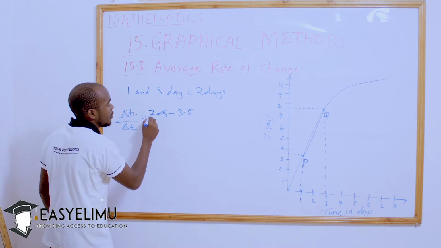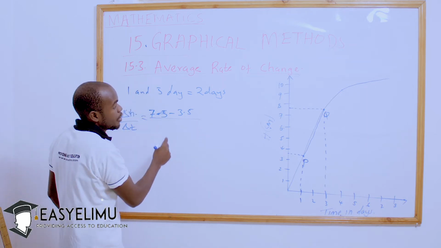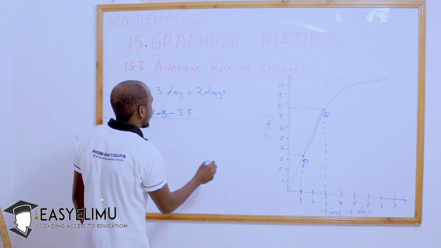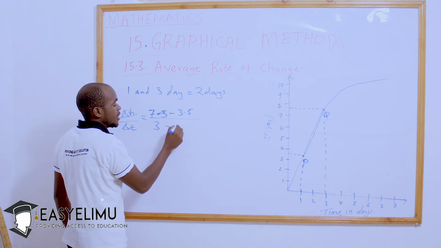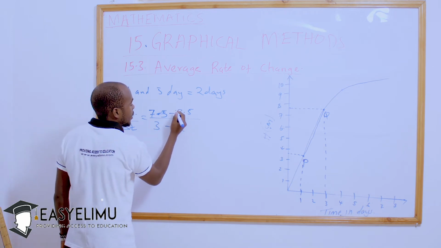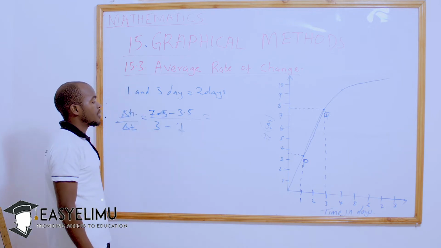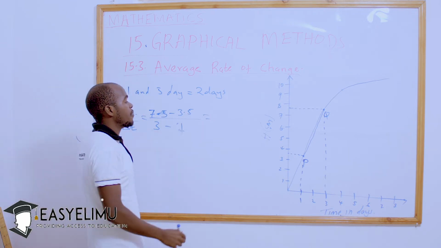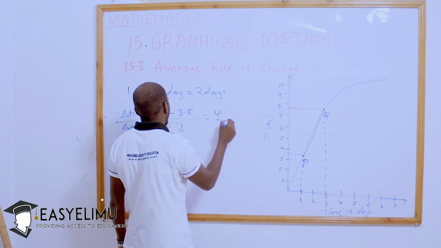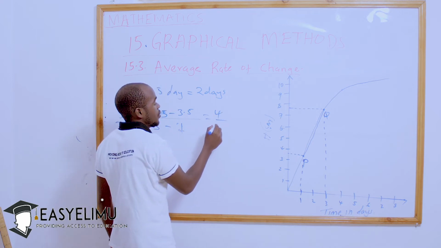So we shall have 7.5 minus 3.5, and then the respective number of days, that is 3 minus 1. And here 7.5 minus 3.5 gives 4, divided by 3 minus 1, which gives 2.